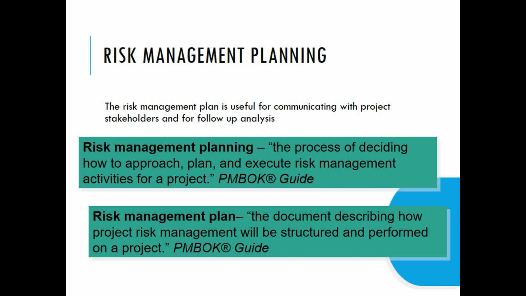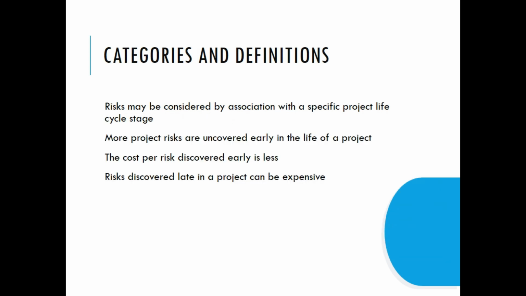Risk management planning is the process of deciding how to approach, plan, and execute the risk management activities of a project. It is useful for communicating with project stakeholders and follow up analysis. A risk management plan is a document describing how the project risk management will be structured and performed on a project.